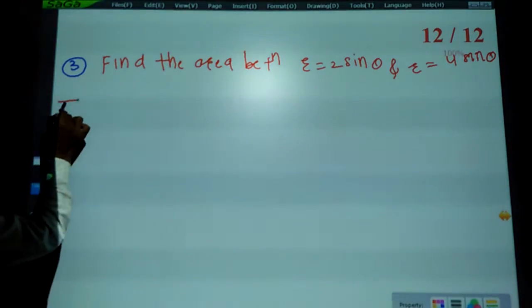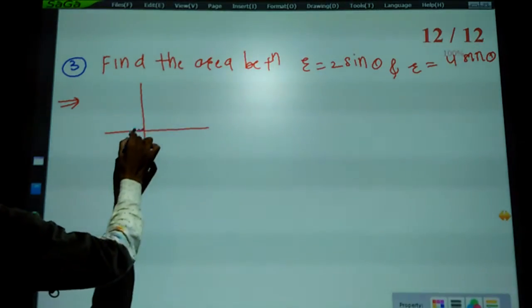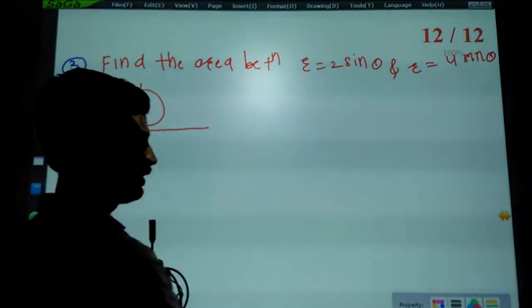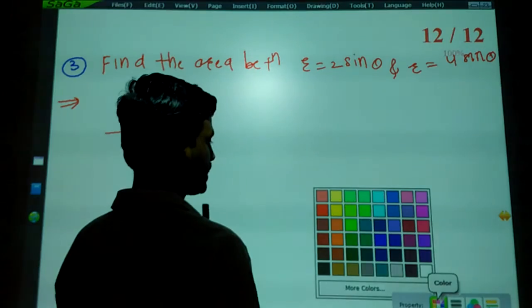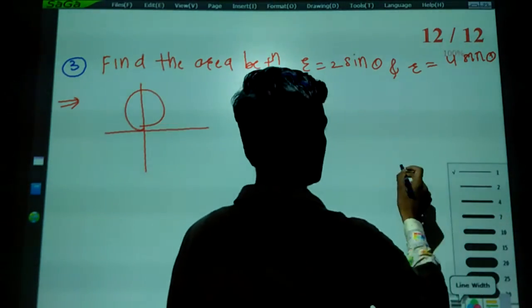We already know that what is the graph of r is equal to sin theta? The graph of r is equal to sin theta is in this. Okay, but here two curves are given, that is r is equal to 2 sin theta and r is equal to 4 sin theta.